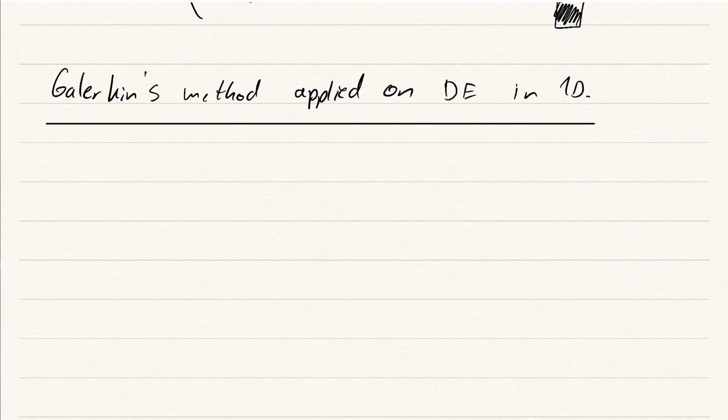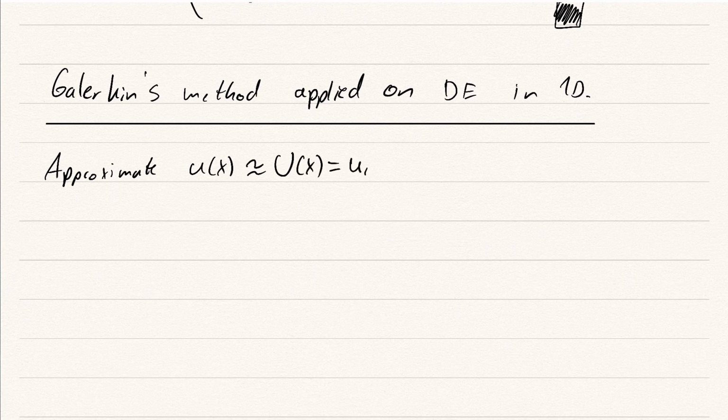So we start with the approximation of u of x. So u of x is approximated by capital U of x, which is u1 phi 1 plus u2 phi 2 plus and so on until ui phi i.